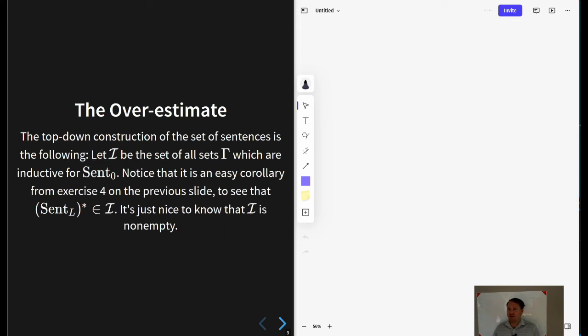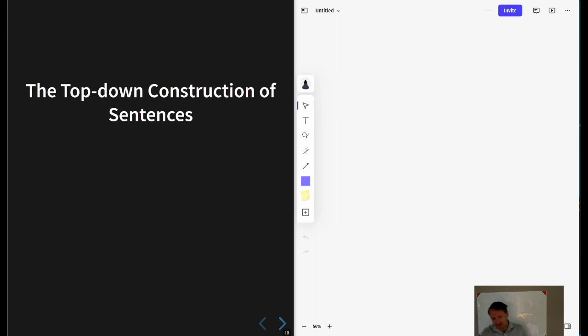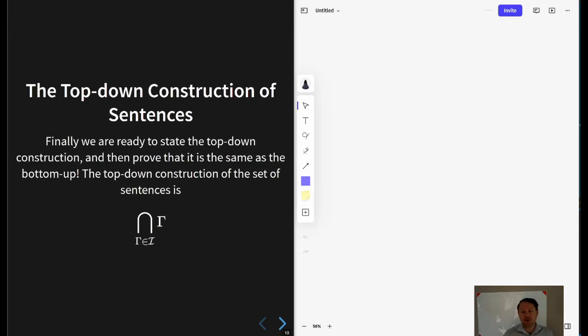Finally, we can state and then prove the claim. But actually first, here's the construction. We now have the top-down construction. We intersect all of the gammas, right? Take every gamma in calligraphic I, take their intersection. That's the top-down construction. You can kind of imagine that it starts from having all possible L expressions.